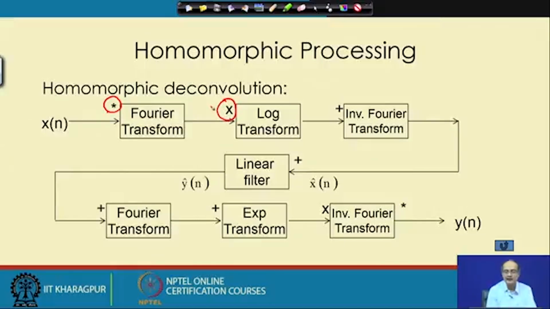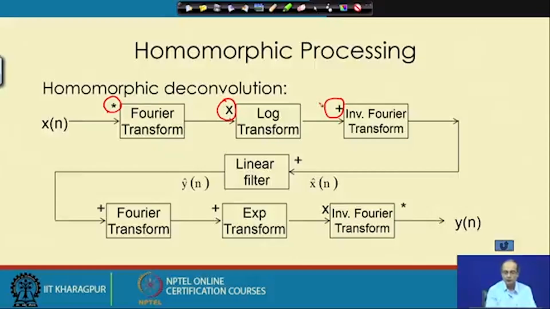The constituents are now combined with the multiplicative operator. So, after taking the Fourier transform, we get rid of the convolution operator and we get the multiple constituents as multiplicative components. Now, to remove the multiplicative operator, we take the logarithmic transform or complex logarithm, and that gives us the form where the components are combined with the addition operator.